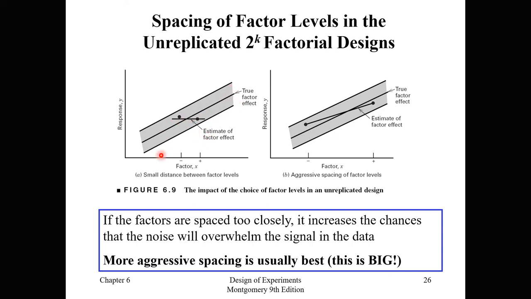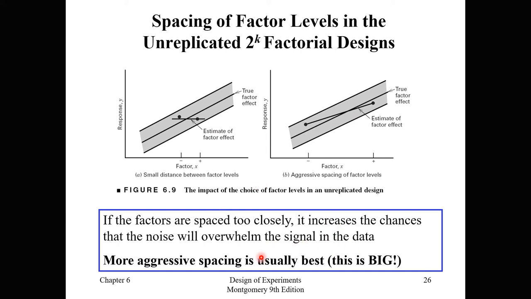Note the true factor effect for factor X and the response Y: if we pick the plus and minus signs to be relatively close together, even though these two dots are in the middle of their respective bars, the factor effect appears to be relatively low, just because there isn't enough space to determine that these two elements are different. But if we spread out the plus and minus signs, the low and high, we can see a much larger estimate of this factor effect.